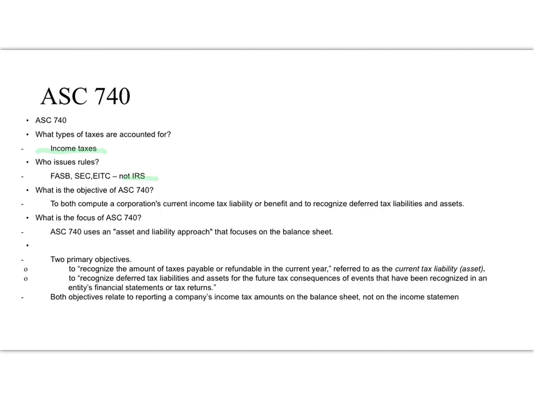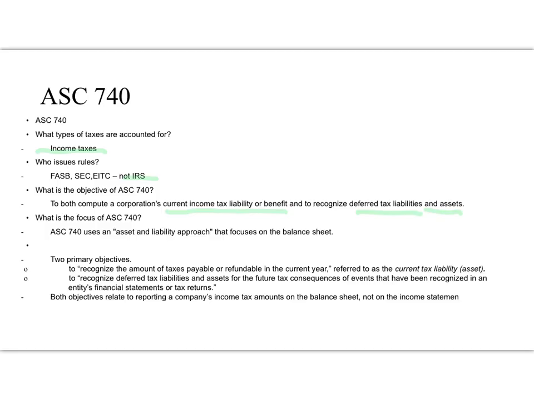These are items related to your financial statements. The objective of ASC 740 is to compute the current income tax liability or benefit and to recognize deferred tax liabilities and assets. And we will talk about both of those things.